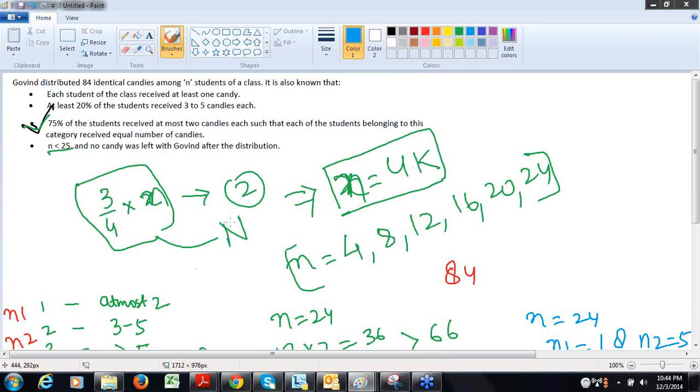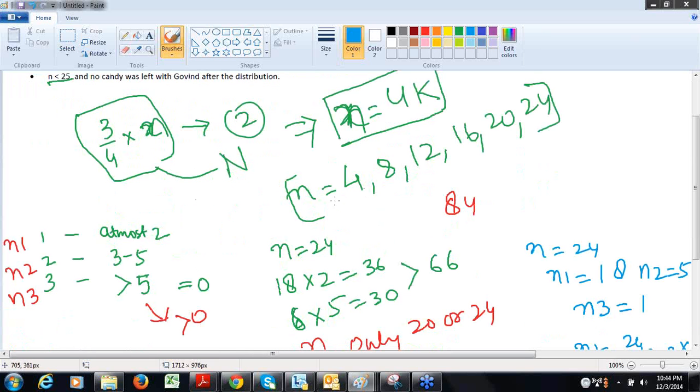greater than 5 should be what? It should be 5% of the n value. If 5% of this is, then the maximum you can get for greater than 5 is 1. 1 should be greater than 5. Because if you take 5% of 4, what will it be?